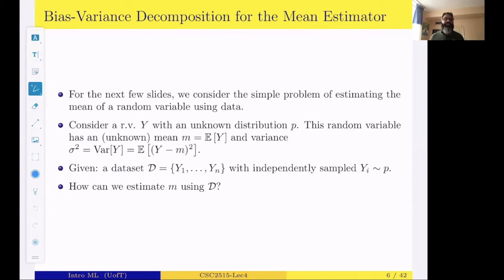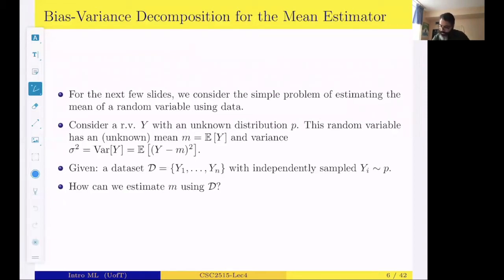Later we generalize this, and here we talk about bias and variance decomposition for this, and you understand what each of those means. Generalizing it to a more general machine learning algorithm, for example a regression method, would then be much easier.